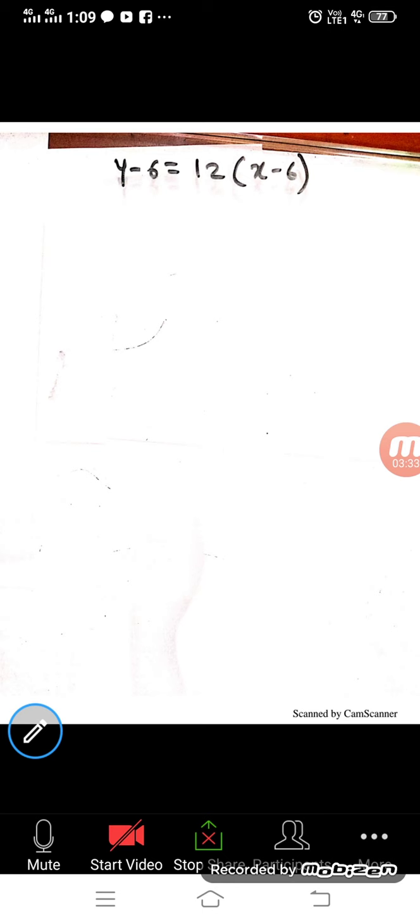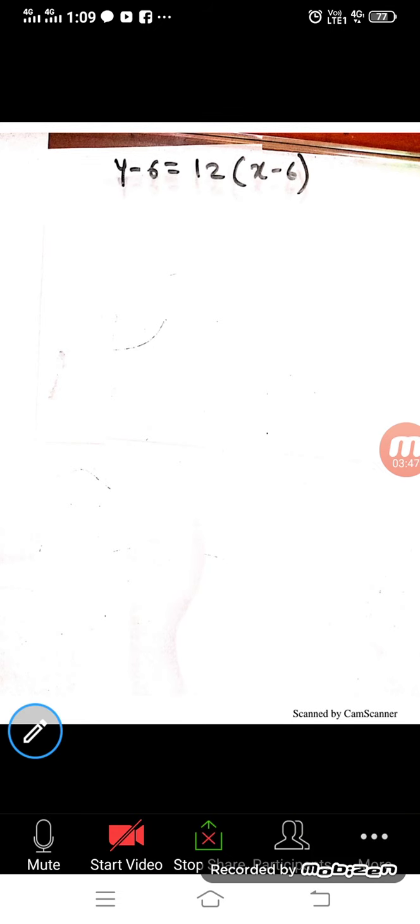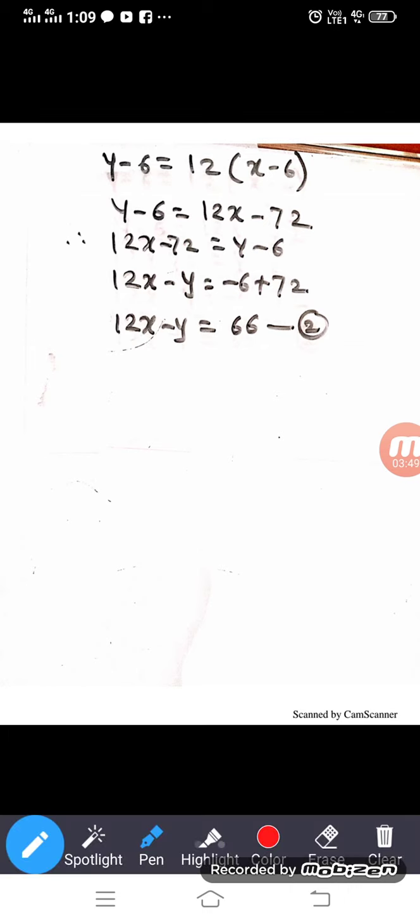Then to write the second condition, when denominator y minus 6 is 12 times of numerator, 12 multiply x minus 6. 12 multiply in a bracket x minus 6, then we get y minus 6 is equal to 12 into x, 12x minus 12 into minus 6 is 72.